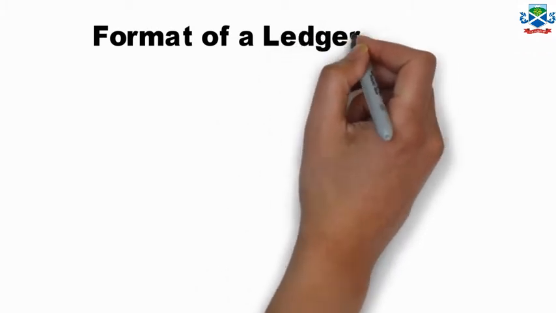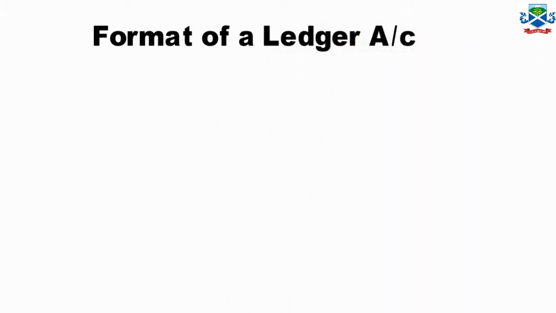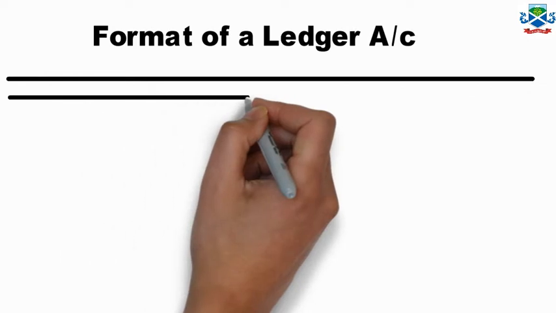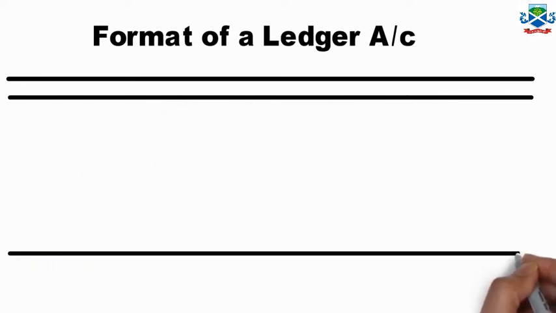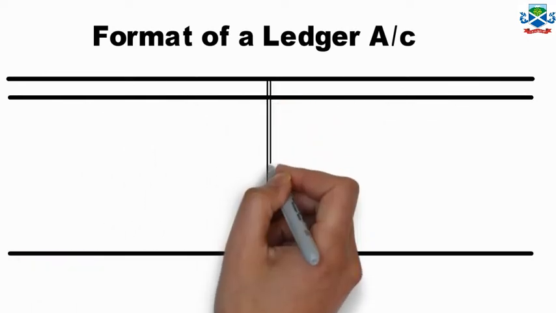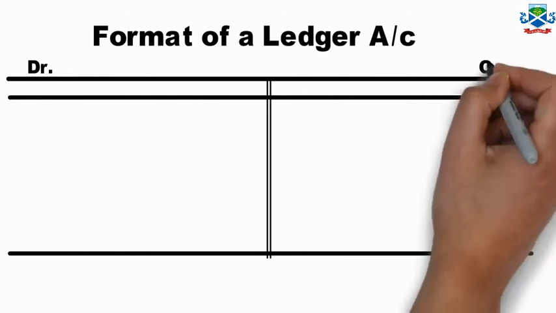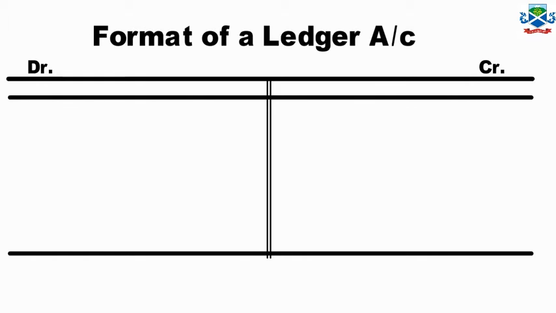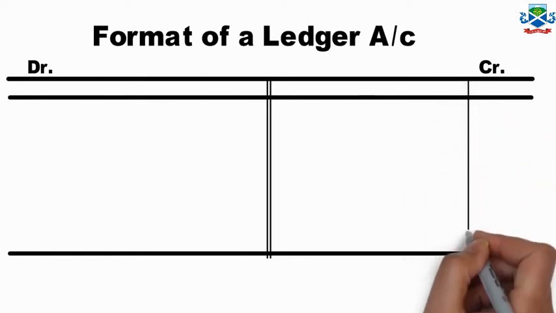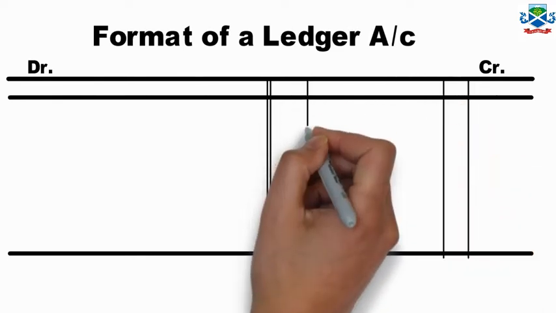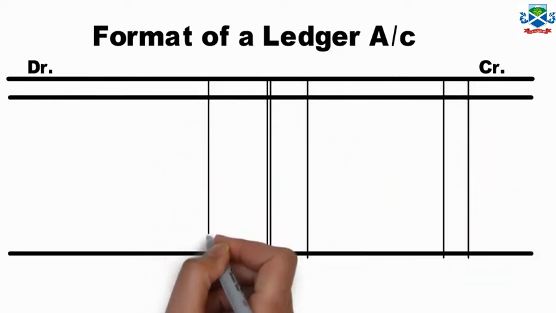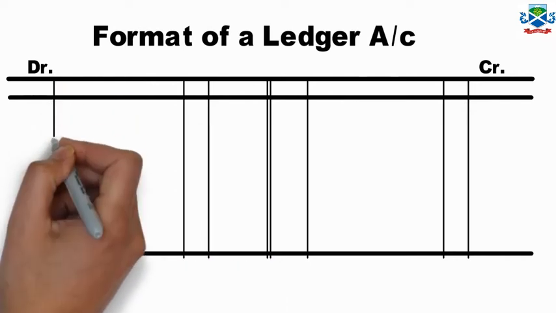So we learn over here the format of ledger account. In a page you have to divide it into two equal halves. Left side we call debit and right side we call credit. Then we make equal columns on both sides.